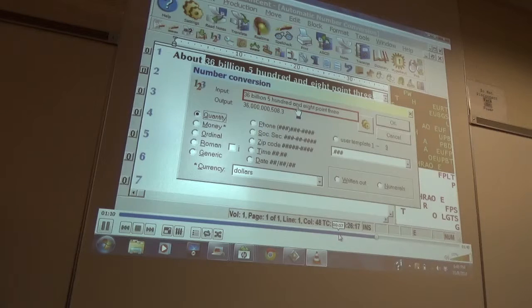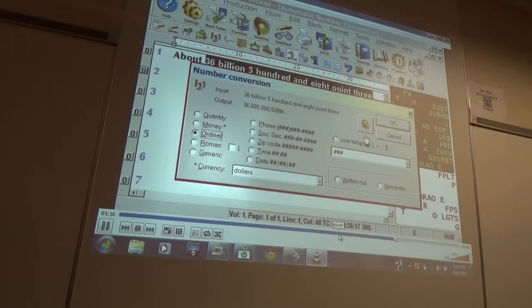Here you see your number as it starts out, and as it would look depending on which format you choose. However, your numbers setting. So if you want it in money, then you need to click money. If you want it in quantity, ordinal, Roman, generic, whatever. Okay?